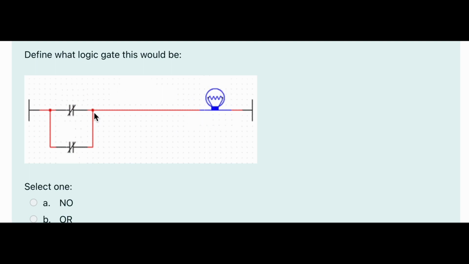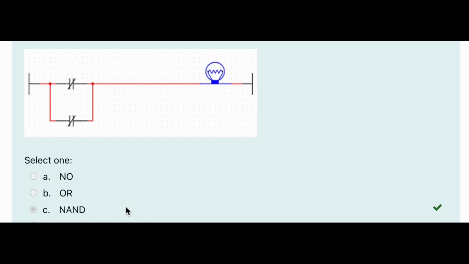When we have 0, 1, our output is still 1 because current can still flow this way or this way. And the same thing if we have 1, 0. But if both switches are open, current can't flow through. So if we have a 1, 1, our output is 0. So we are going to have 1, 1, 1, 0. And that looks like the opposite of an AND gate. So this would be a NAND gate.